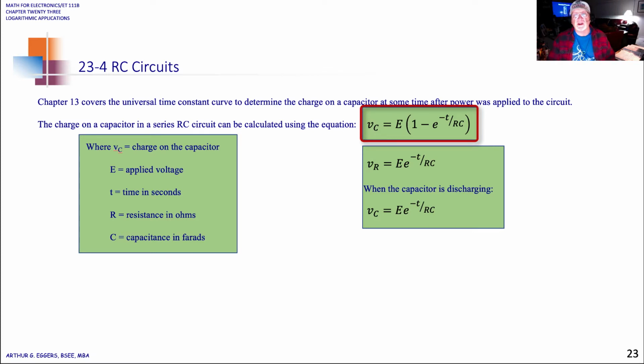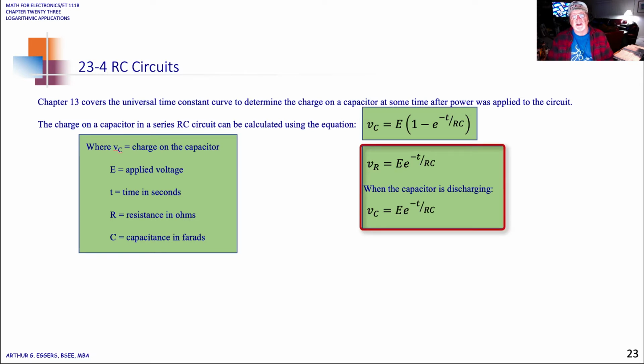So to do this, we have to use this relationship of the natural log, or e, to calculate those. And so we can see from the capacitor voltage relationship, we can derive the resistor relationship as the applied voltage times e to the minus t over RC directly instead of the difference.